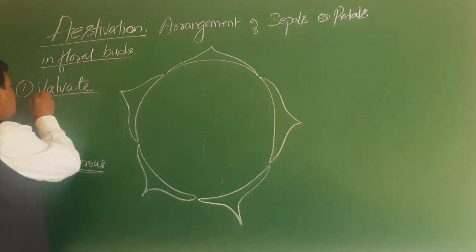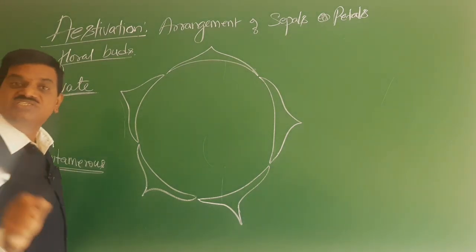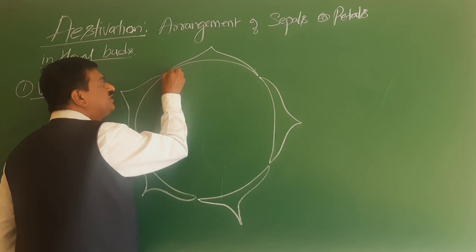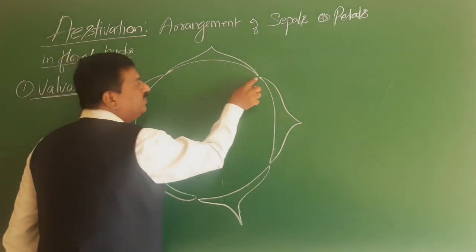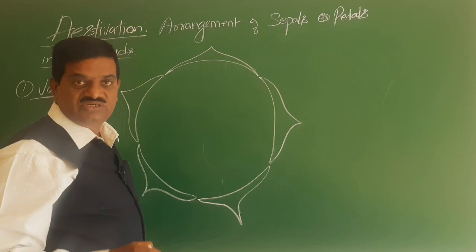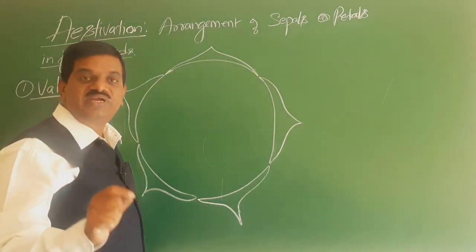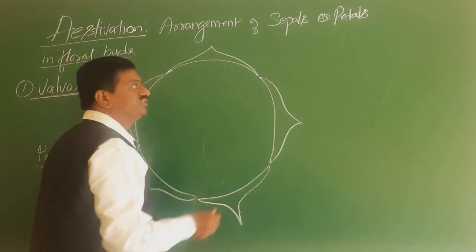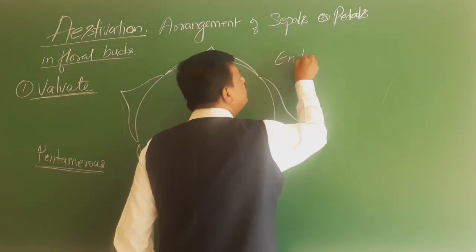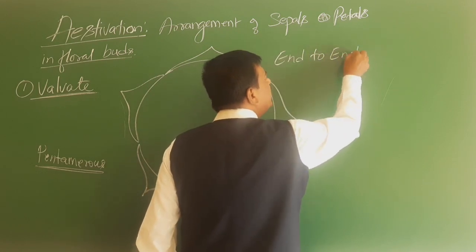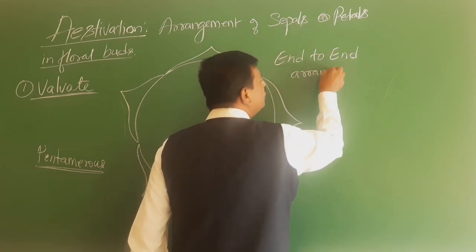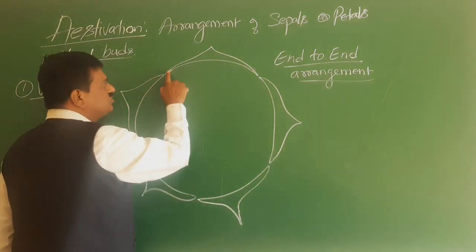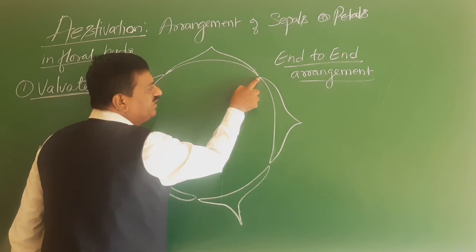Here in a valvate estivation, you can see the arrangement of sepals and petals: one petal ends here and the other petal ends here, one after the other. The arrangement in which they touch one another is called valvate estivation, or we can use the word end to end arrangement. This petal ends here and the other petal starts here.